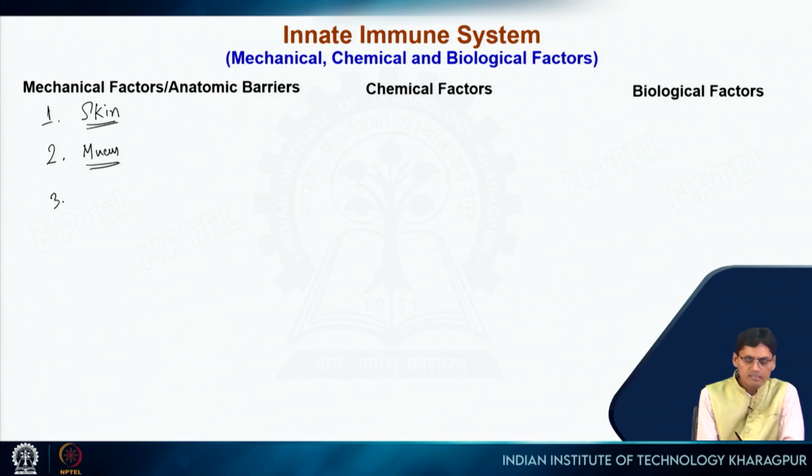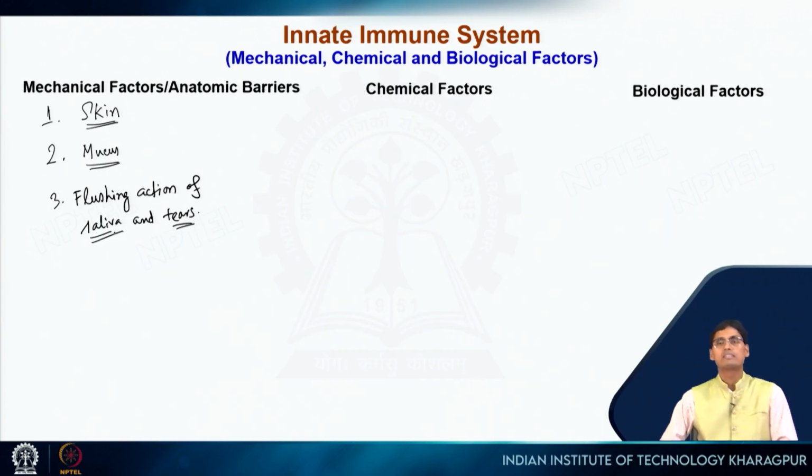Number three, I would say the flushing action of saliva and tears. Tears come from the eye and saliva from the salivary gland. Because of their continuous secretion, this is a kind of flushing action.